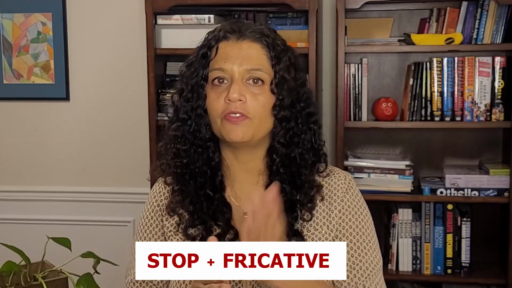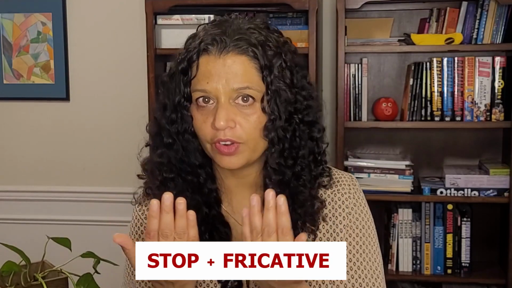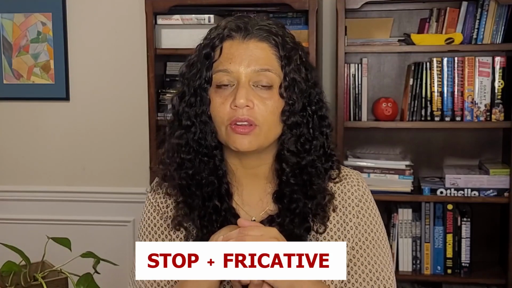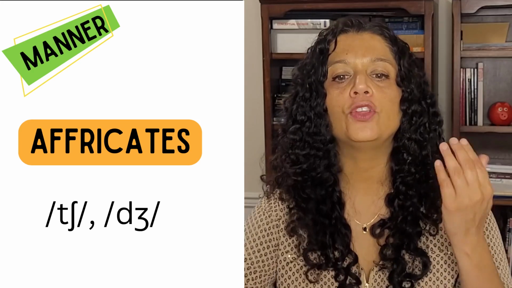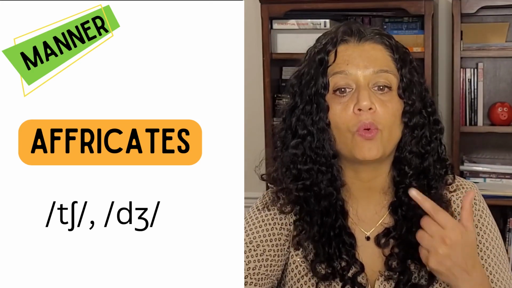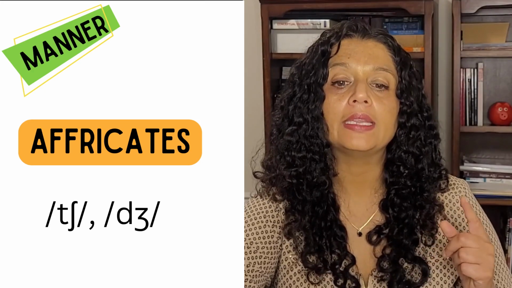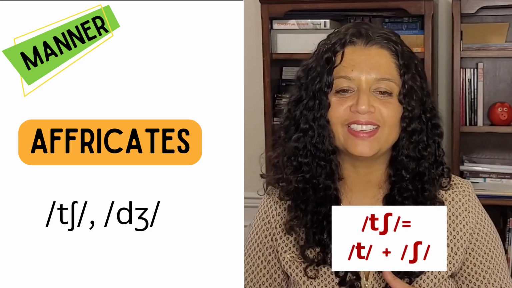The last group in terms of manner of articulation are affricates. Affricates are actually a combination of a stop and a fricative. So you start with a stop and end with a fricative. There are two sounds in English that are called affricates. One is the ch sound, and if you look at the IPA symbol for the ch sound, it has a T and a squiggly line next to it.